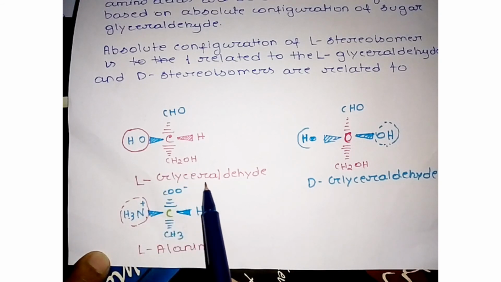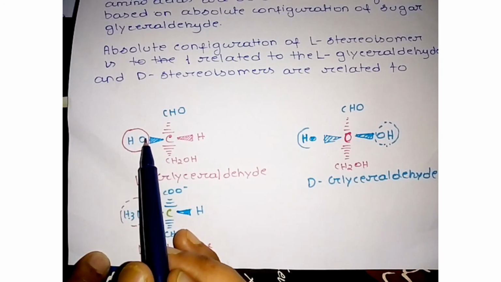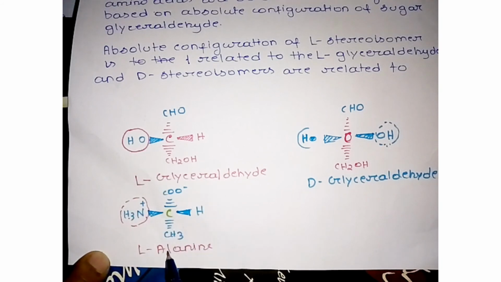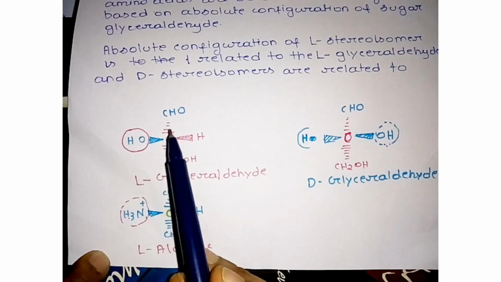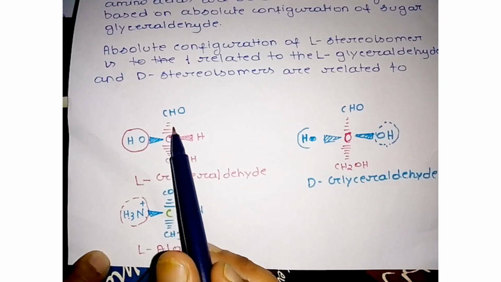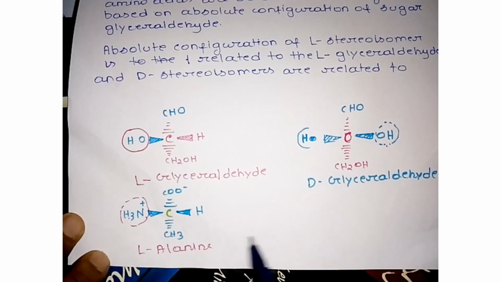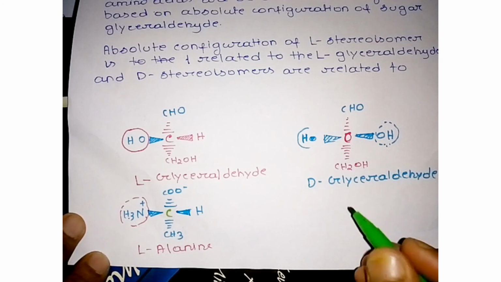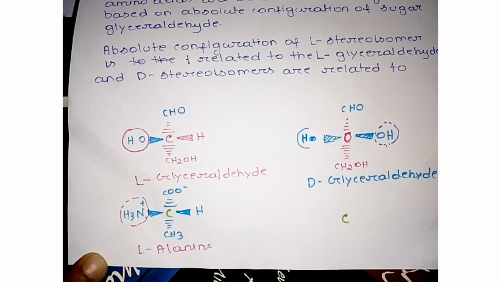In case of L-glyceraldehyde, the hydroxyl group is present on the left side, and in case of L-alanine or any amino acid whose amino group is present on the left side, it is called L. Both the aldehyde and carboxyl groups are on the upper side, and that is why it is called L-alanine.